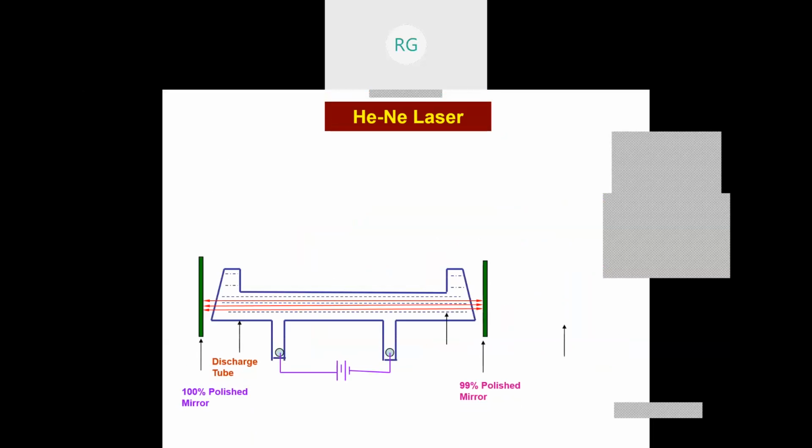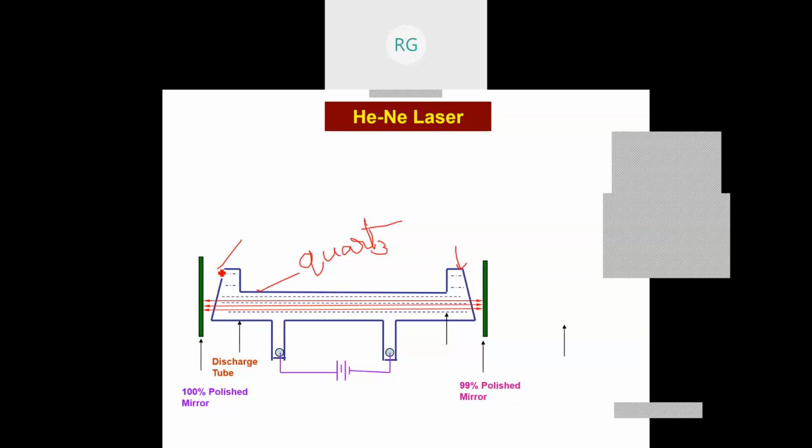Next, we look at the helium neon laser, which is shown like this. The helium neon laser construction is made of a glass tube made of quartz. This is a quartz tube, and it is fitted with two windows.